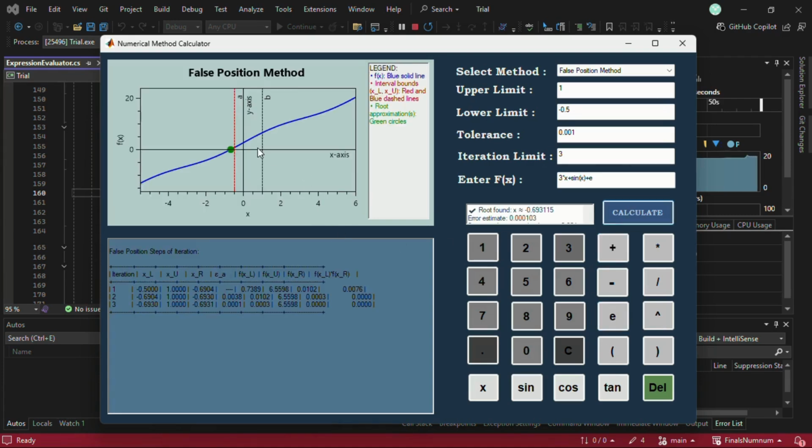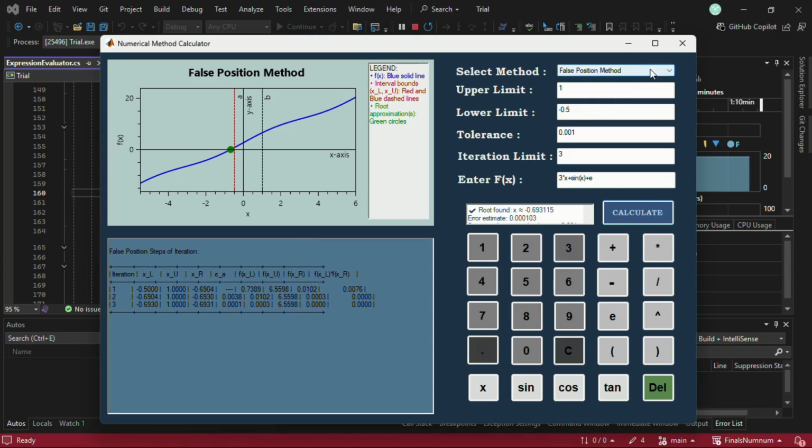Calculate. As you can see, we have found the root, which is negative 0.69. Right here is the iteration table of false position.